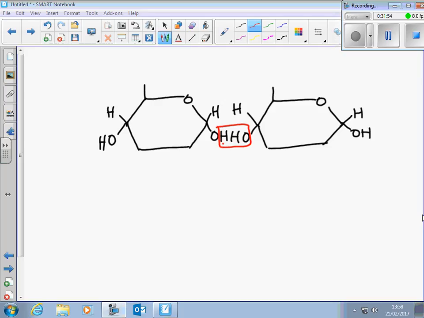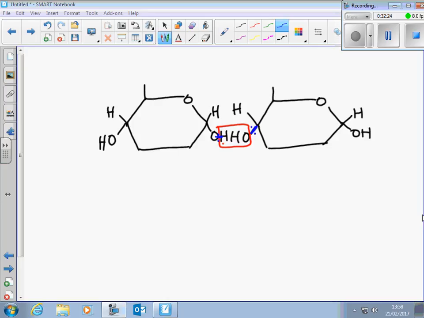If you now think what this means in terms of bonding, what we get left is the bond between the oxygen and hydrogen. Let's use another colour just to show what's going on here. Here is a pair of electrons. The bond between the carbon and the oxygen here is a pair of electrons. What we're doing is taking away one of those electrons and leaving an unpaired one.